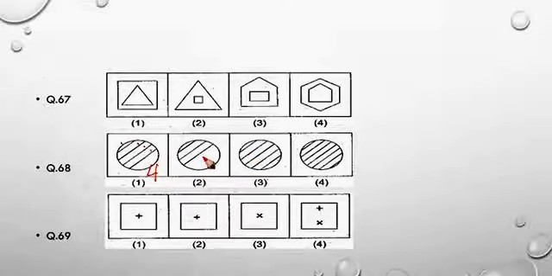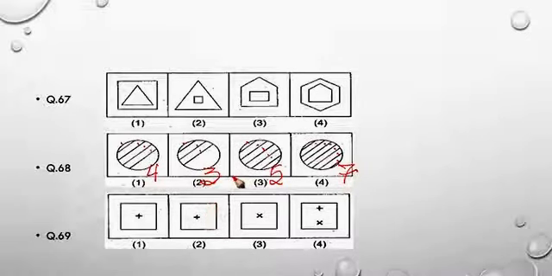In option 2, 1, 2, 3 lines are there. In case of option 3, 1, 2, 3, 4, 5 lines are there. In case of option 4, 1, 2, 3, 4, 5, 6, 7 lines are there.